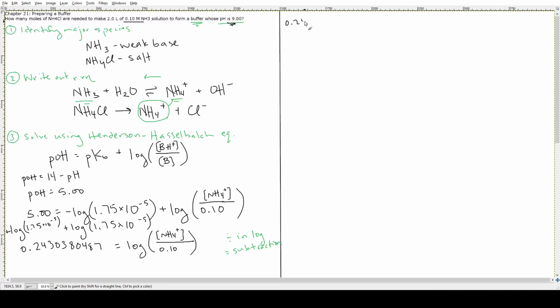So 0.2430380487 is going to be equal to the log of the concentration of our ammonium minus what it was being divided by, which is the log of 0.10. All right. Let's add this to both sides. So plus a log of 0.1.